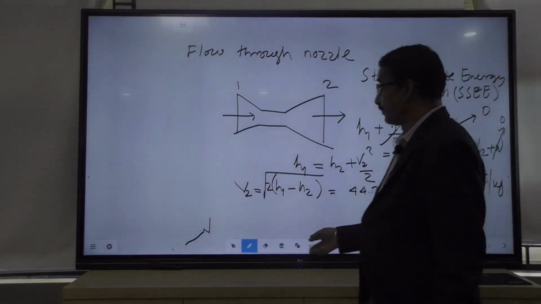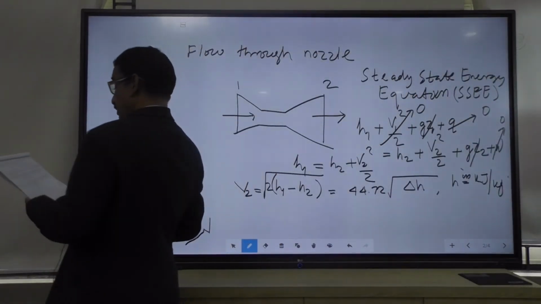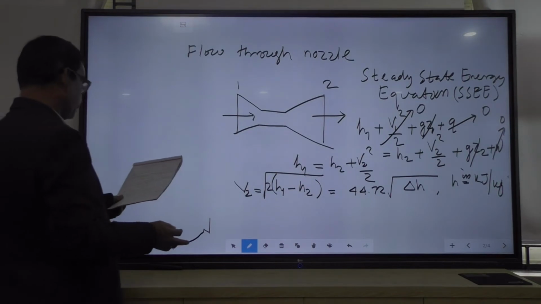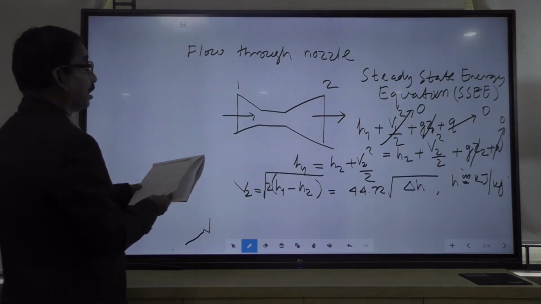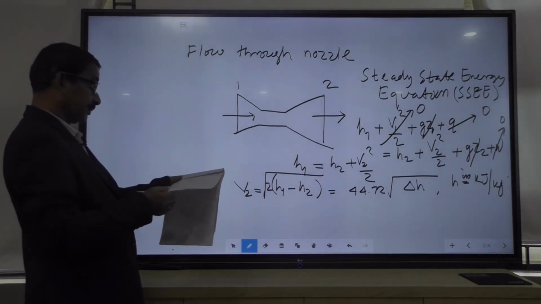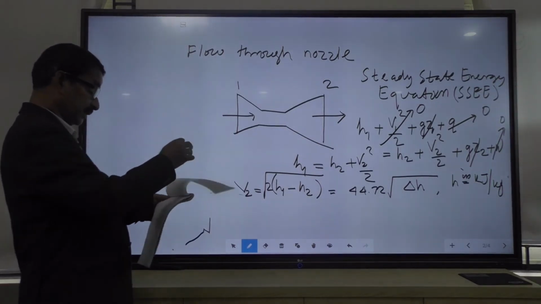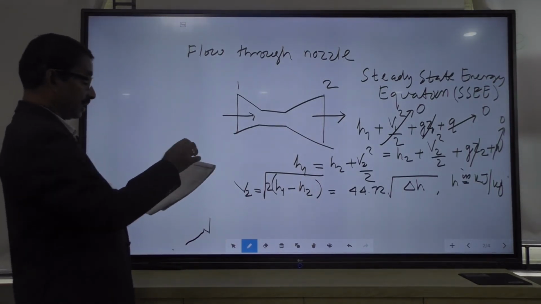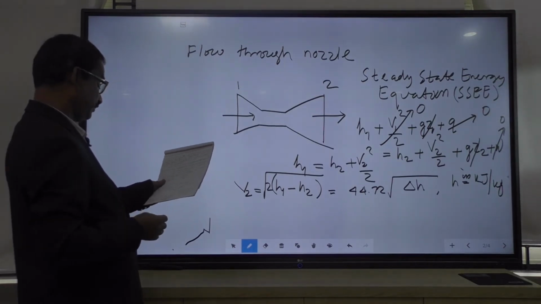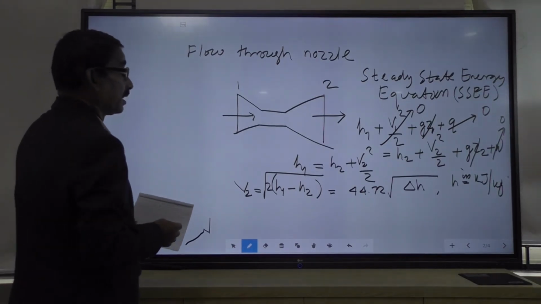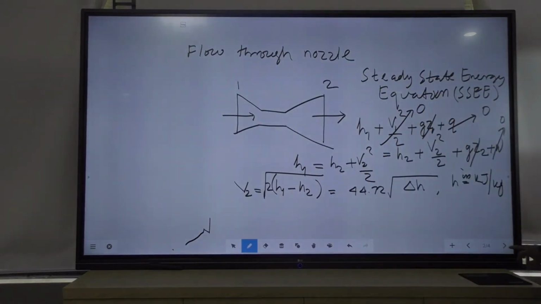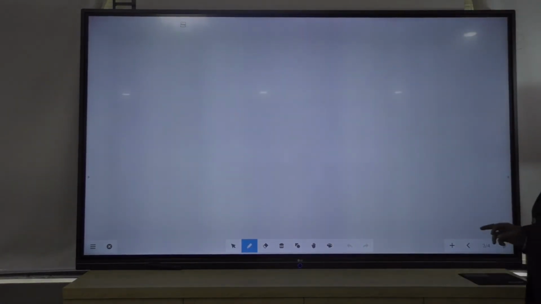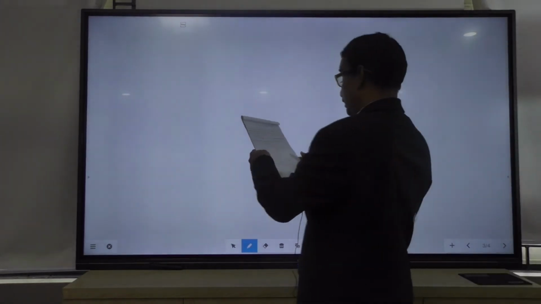So, this will be the output velocity of the fixed blade or nozzle, and this velocity strikes the moving blade so that we get the work output in the turbine. For this case I want to draw a velocity diagram, which will help you understand how the turbine works.